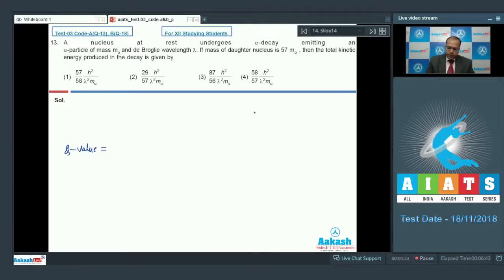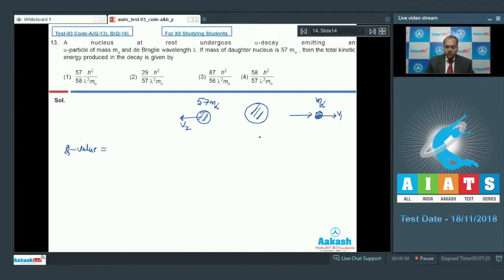If I consider this as my nucleus and it undergoes alpha decay, suppose this is the alpha particle, so the mass is m alpha and it is moving with velocity v1. Applying the principle of conservation of linear momentum, the daughter nucleus will move in this direction. The mass of this daughter nucleus is 57 m alpha and it is moving left with velocity v2.